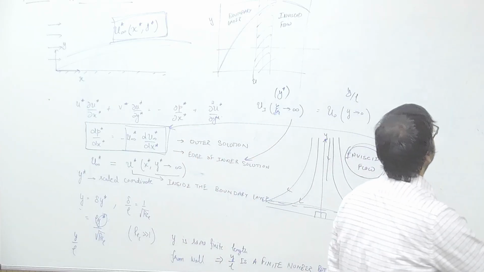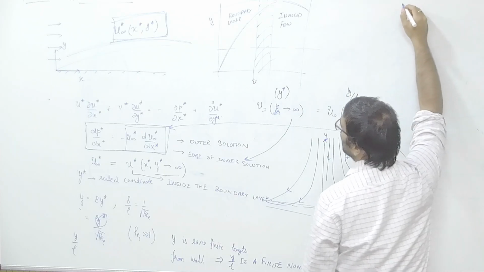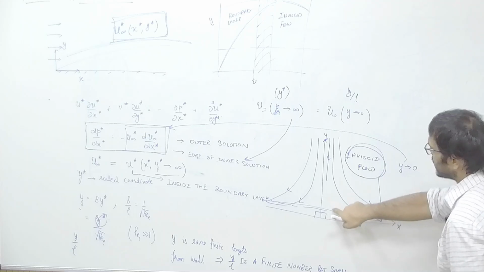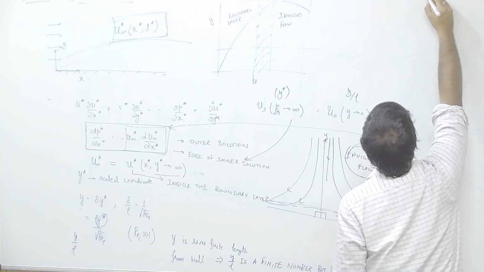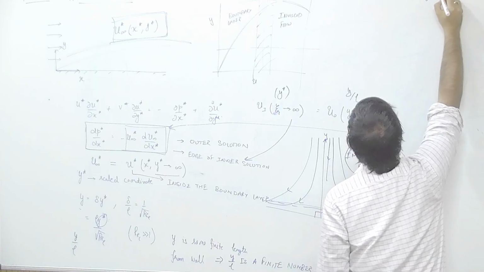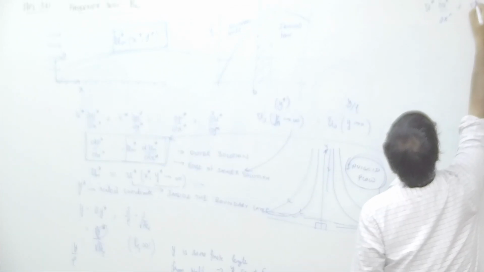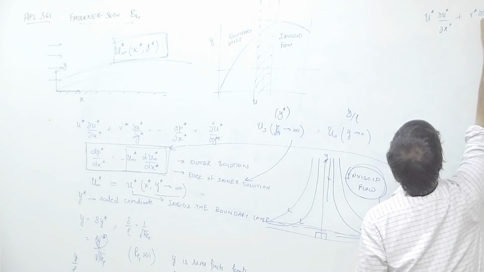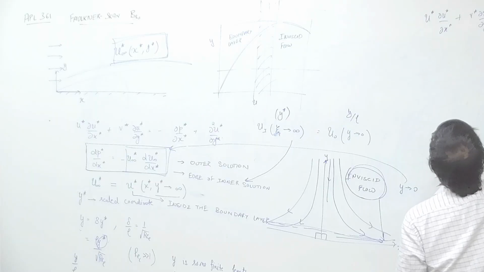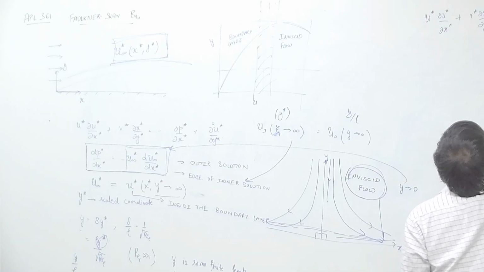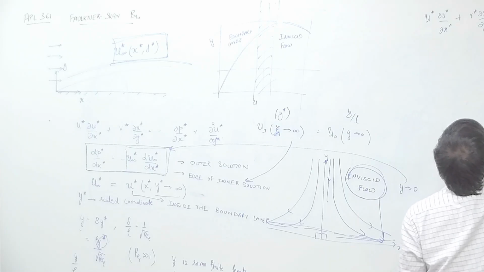Okay. So, having said that, let us look at cases like this, but more generalized, where we say u infinity star del u infinity star over del x star.